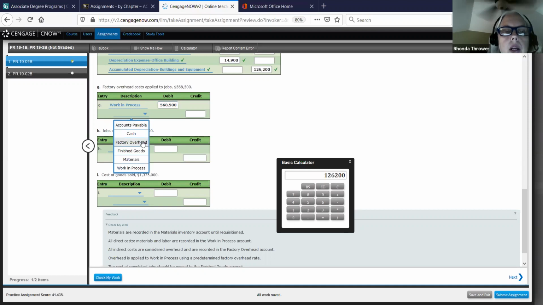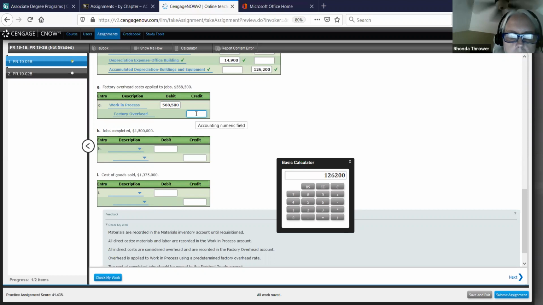Our factory overhead account will be credited for $568,500. So technically you're adding up all your debits in factory overhead. You're applying an estimated amount as a credit, and then you're debiting it to the work in process account.